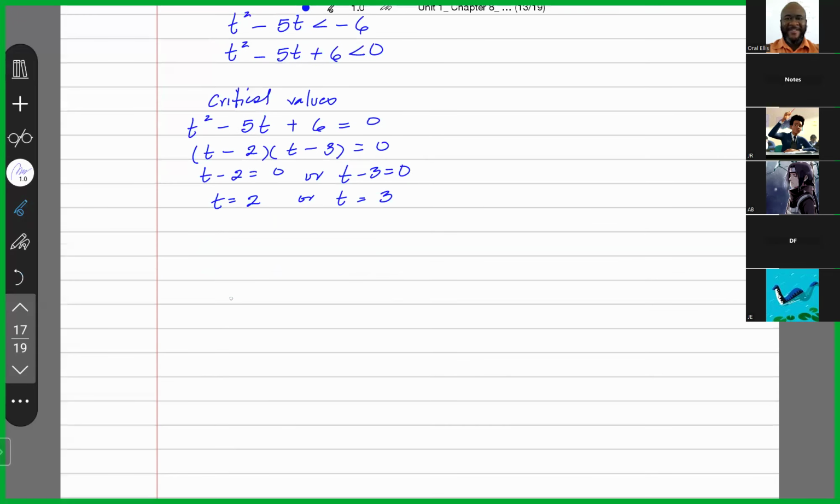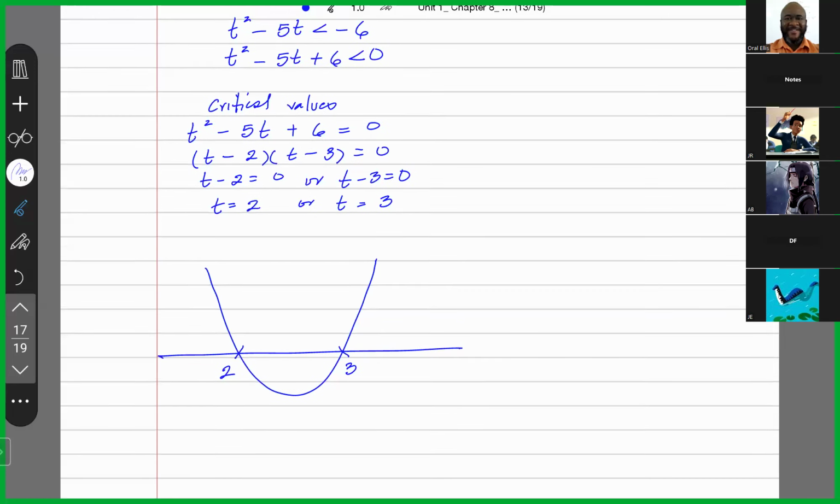Using a graphical approach, the critical values are the x-intercepts, which are 2 and 3. And what I want are the values of t for which t squared minus 5t plus 6 is less than 0.